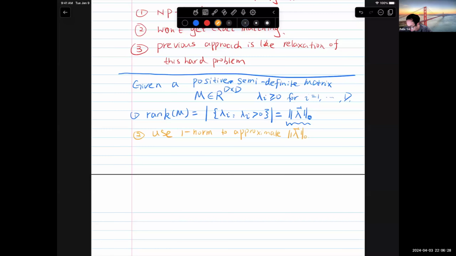What does that mean? It is approximated by the one norm of lambda as a vector, which is easier to calculate, just the sum of the absolute values.